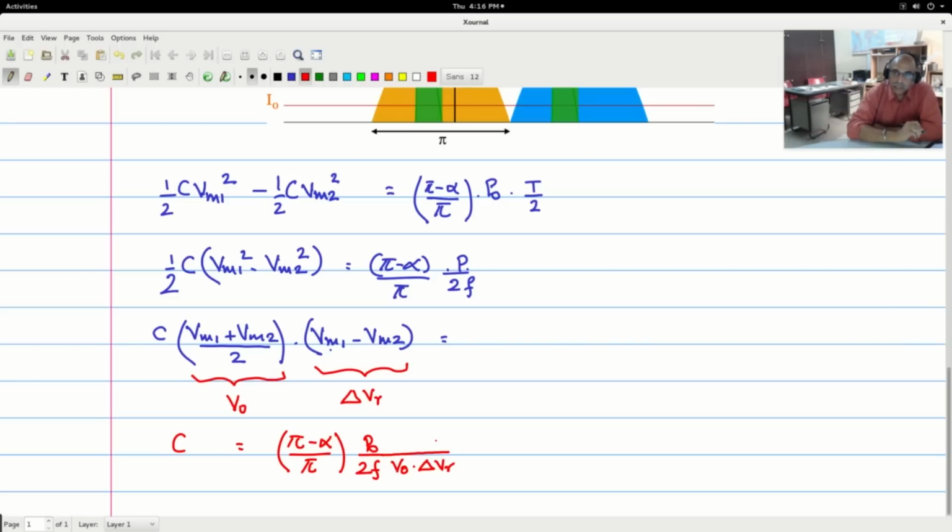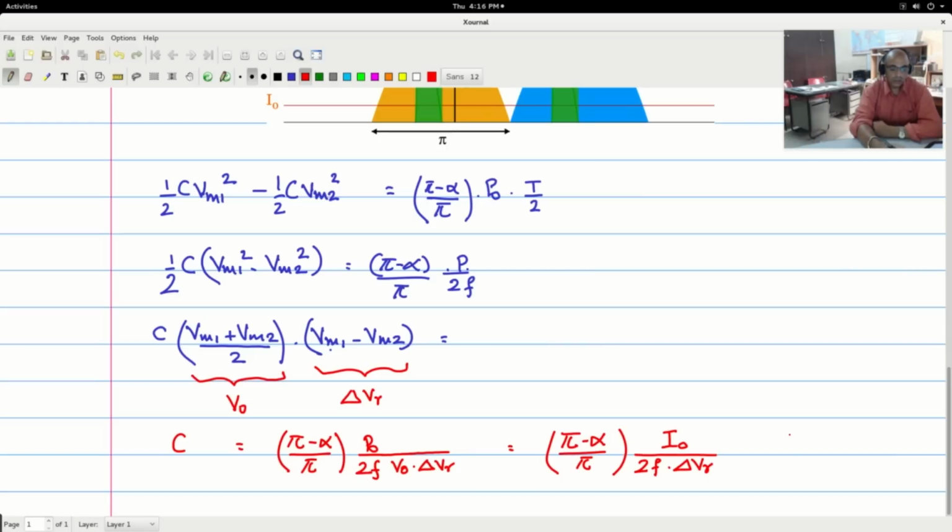But P naught itself is V naught into I naught, so V naught and V naught will cancel, and therefore you can write the value of C as (pi minus alpha) I naught by 2 times supply frequency into delta VR.